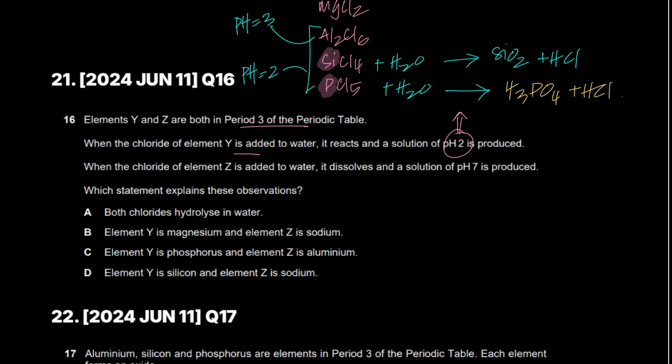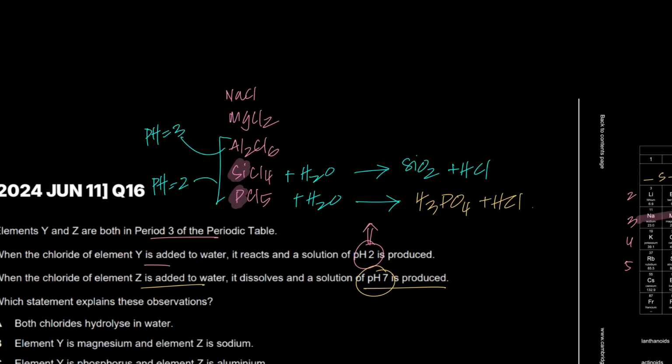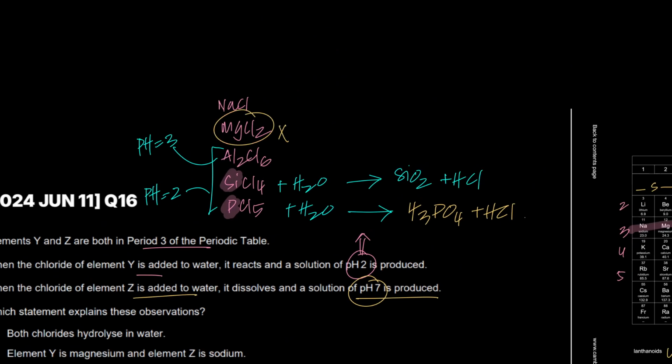Now, when element Z is added to water, it dissolves and gives you a pH of 7. Which chloride gives you a pH of 7? You might think it's magnesium chloride, which you are absolutely wrong. Magnesium chloride gives you a pH of 6.5, because magnesium is smaller and has a charge of 2 plus, and therefore it can extract some of the hydrogen ions and give you a slightly acidic solution.